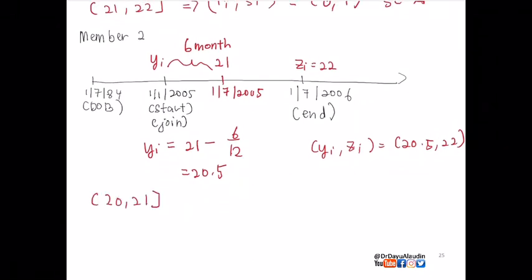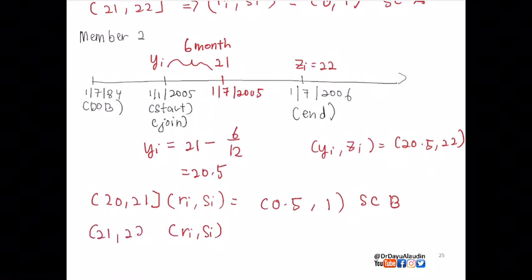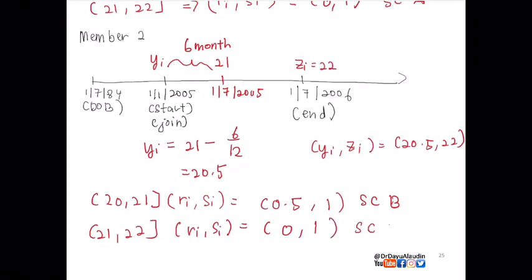The first interval estimate is 20 to 21, Ri and Si is 0.5 and 1, which is special case B. For the second interval, 21 and 22, Ri and Si is 0 and 1, which is special case A.